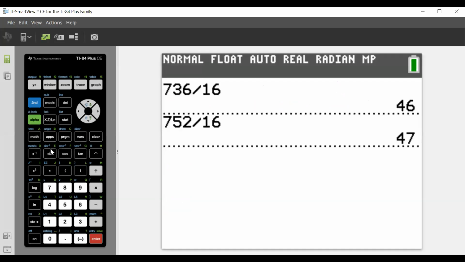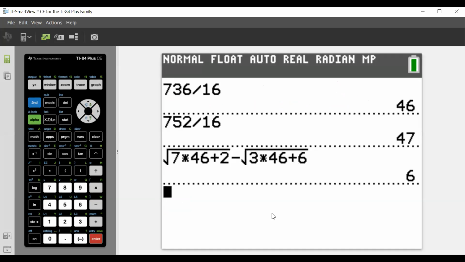So we had the square root of 7 times 46 plus 2, and then minus the square root of 3 times 46 plus 6, and that was supposed to equal 6, and it does.